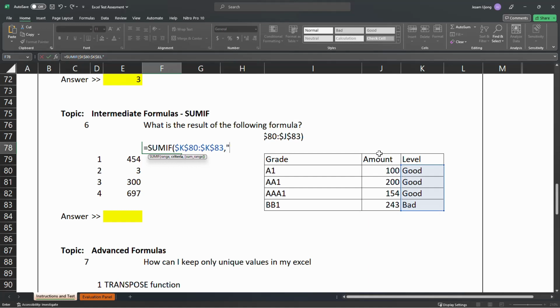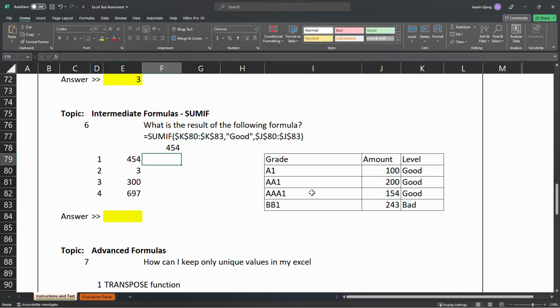The criteria is good. Remember when we are doing text, we put it in double quotes, and then the sum range is this. We lock it and enter, and that gives us our answer.